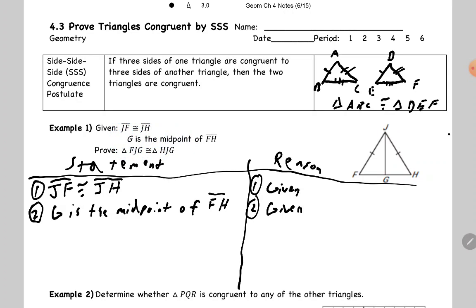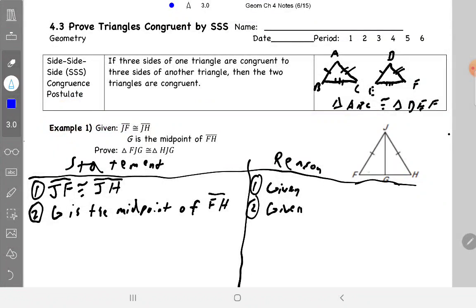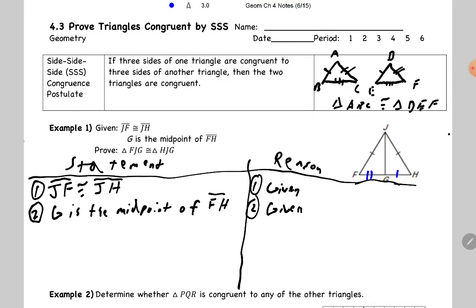So we have one side, JF and JH. So we need the bottom pieces. So we need, okay, let me use a different color here. So we need FG to be GH.